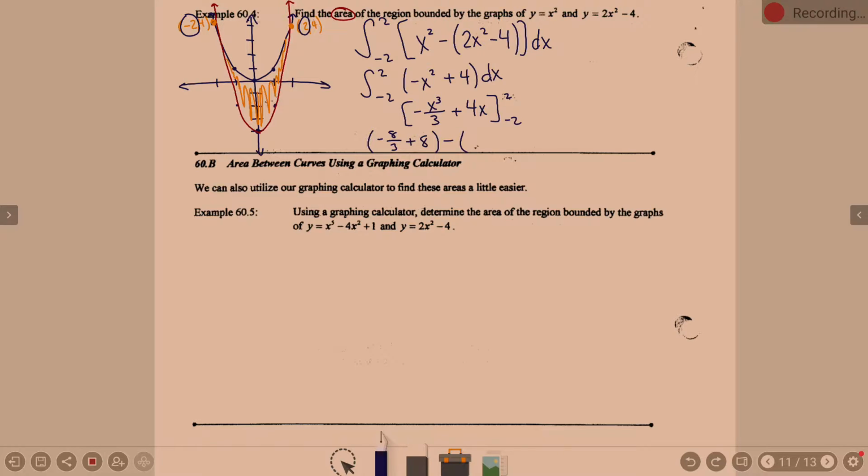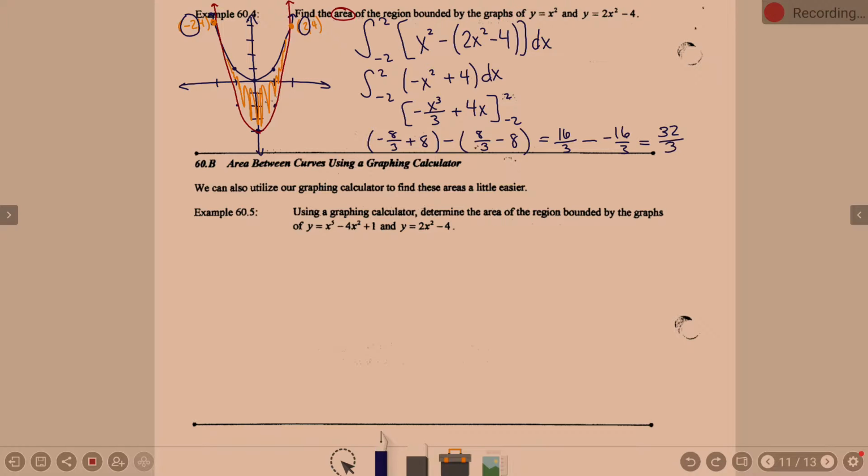I had -8/3 plus 8, and now I'm going to have minus positive 8/3 minus 8. So negative 8/3 plus 24/3 is going to be 16/3, minus, and it's going to be negative 16/3.